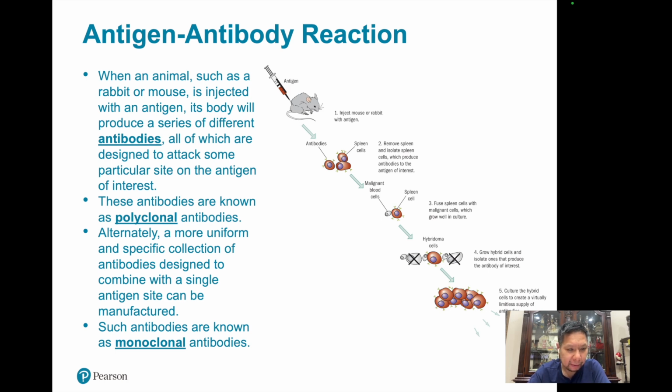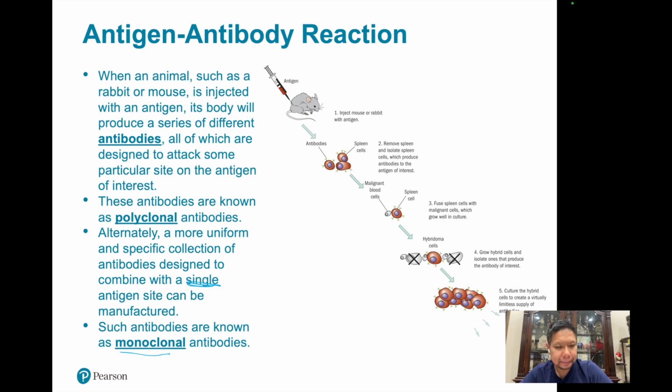There's the polyclonal antibody, and these antibodies are ones that come from several sources, whereas there is one called a monoclonal antibody, and that comes from a single source.